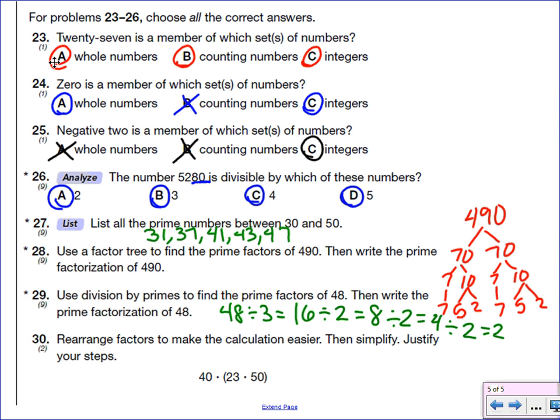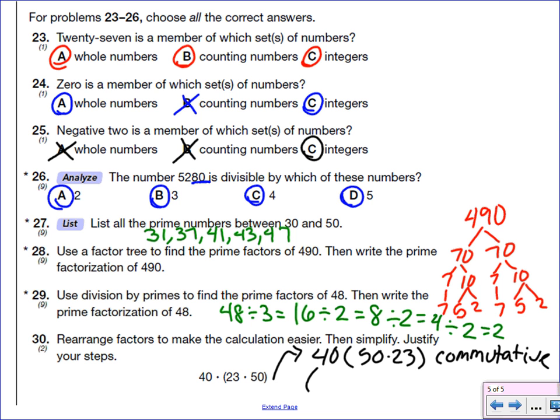And the last one, we have 4 times 23 times, or 40 times 23 times 50. So I want to rearrange it. I want to get the 40 and the 50 next to each other. So I'm going to do 40 times 50 times 23. I can do that by the commutative property, which says I can reorder them.